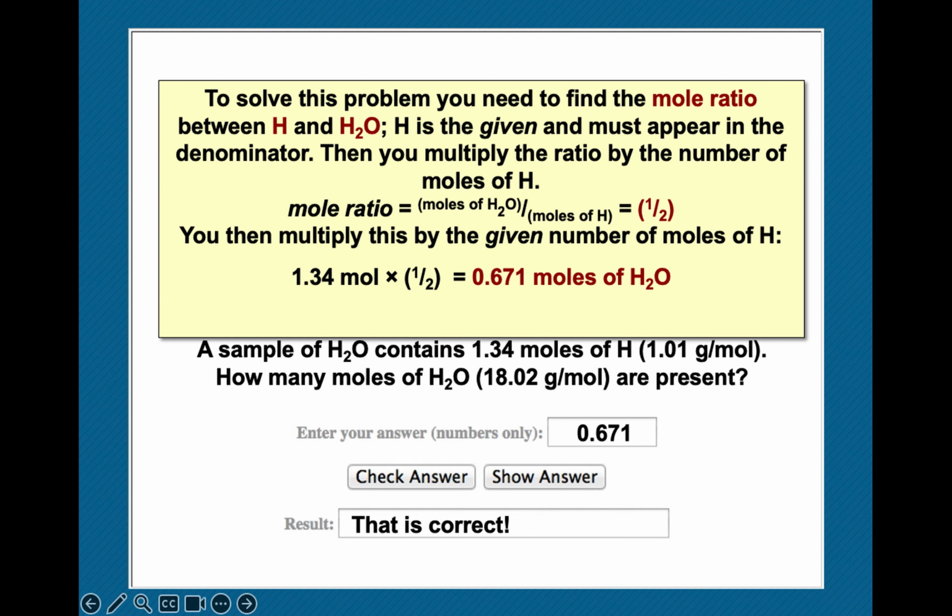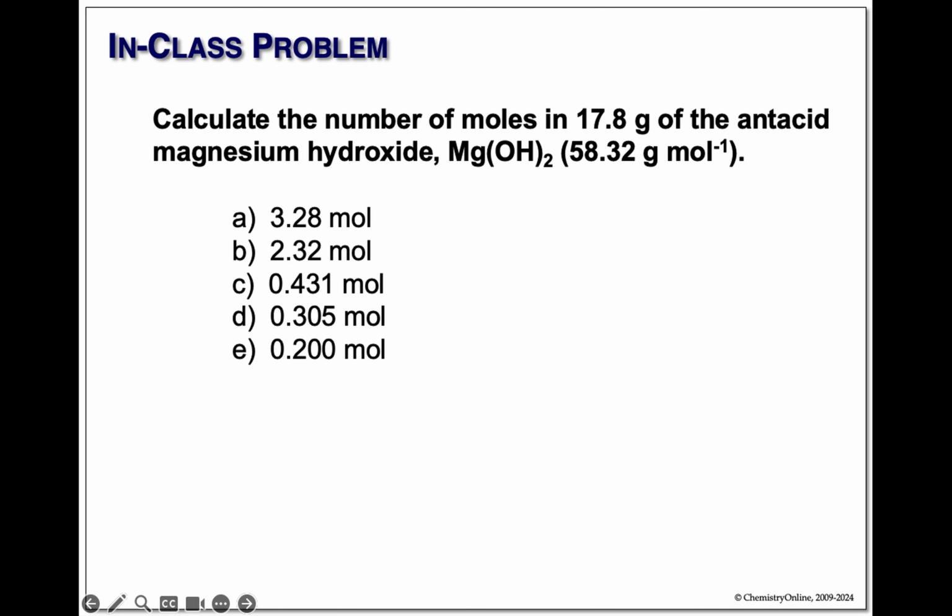All right, let's do a real exam question. We have magnesium hydroxide. It's an antacid, also a beta laxative. We have 17.8 grams of it. The formula is Mg, which is a +2, and this is hydroxide.